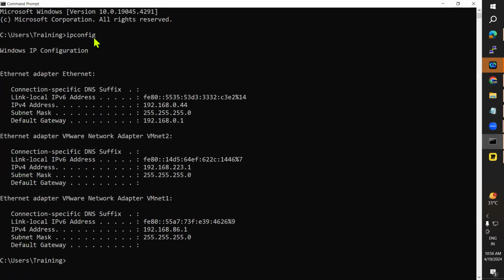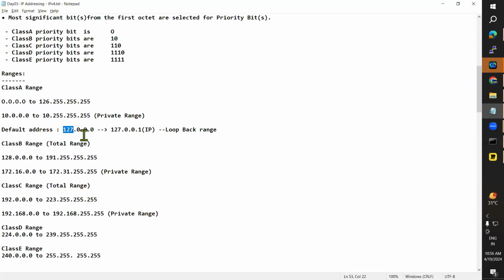So I run ipconfig. So this is one NIC card, and this is one more NIC card, and these are the 3 NIC cards I have in this machine. Each NIC card has IP addresses. Okay. But 127 is a loopback address, as I told you, right?